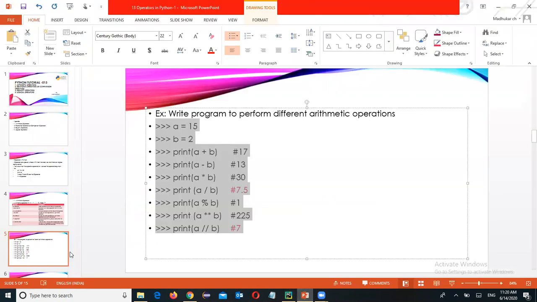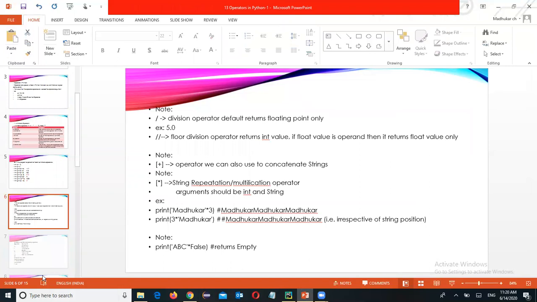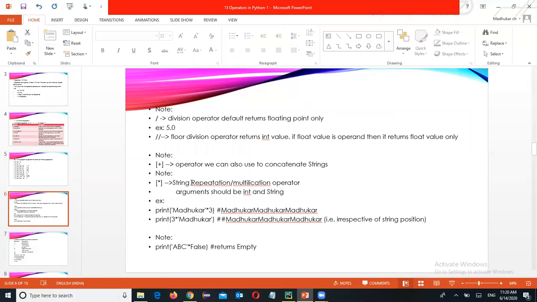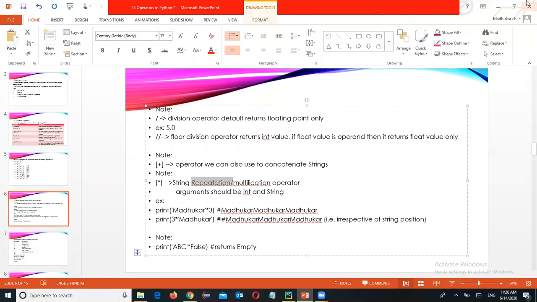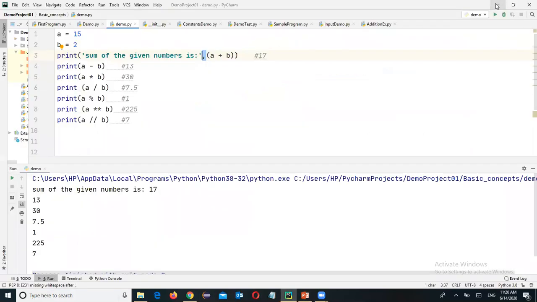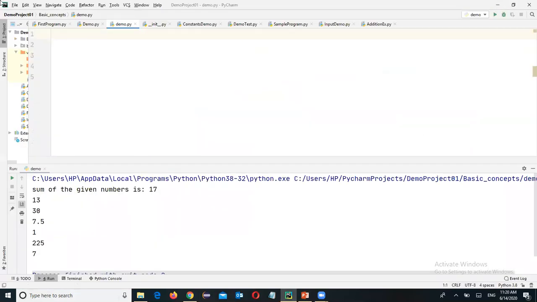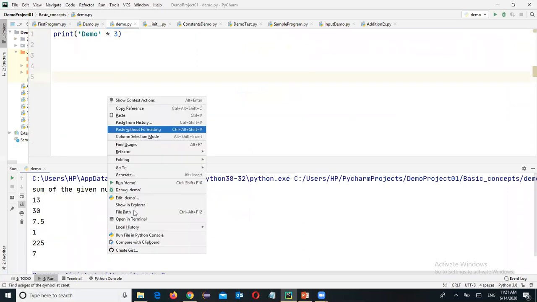Next, there is the multiply operator. Sometimes we use the multiply operator as a string repetition operator. If I print demo multiplied by 3, it prints demo three times.